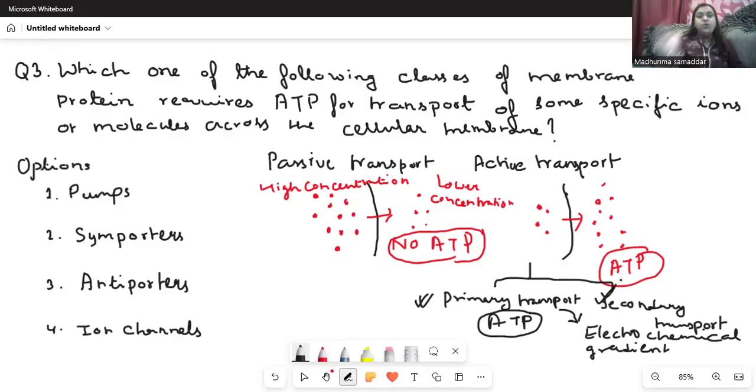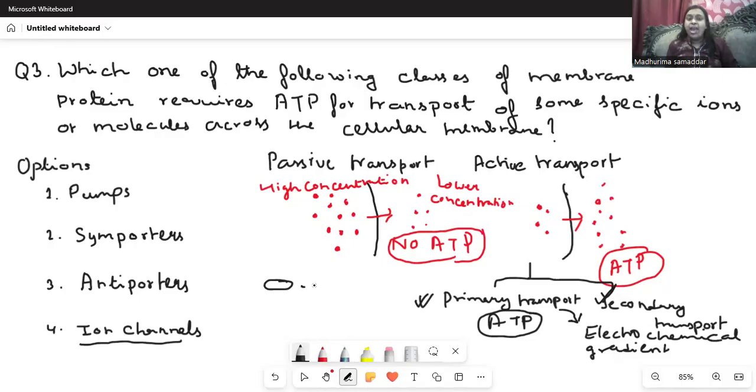Okay, now let us move into the options. Option number 4, we are going from 4 to 1. So in case of option number 4, ion channels. These ion channels are the membrane proteins which are producing pores. They are making the pores in the membrane.